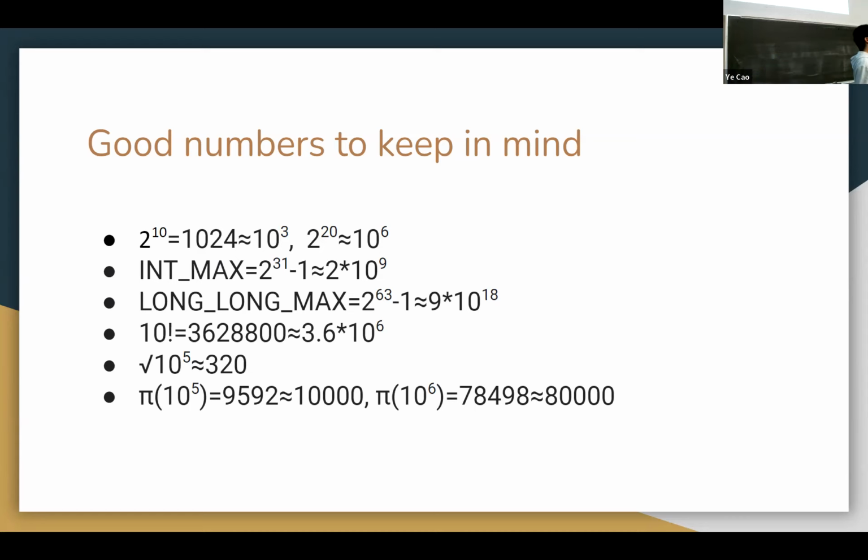So when you decide to write a factorial algorithm, it gives you an idea about how much time you have left to do something on each permutation of the elements you have in hand. The square root of 10 to the 5 is approximately 320. If you're thinking about doing square root bucketing on a data set of size 10 to the 5, that should be the size of your bucket.